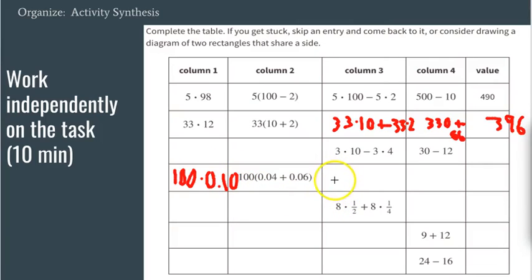You could think of it as, let's see here, 100 times that 4 hundredths, or 400s, excuse me. Let me fix this.